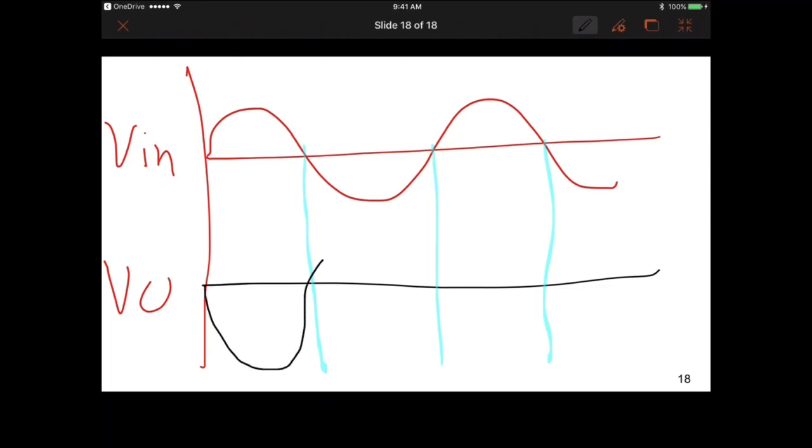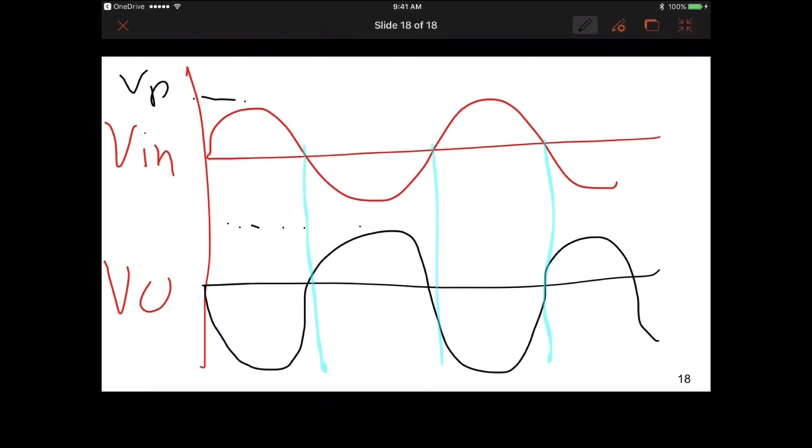You could convert this to the peak voltage, and you can convert this to the peak voltage from the RMS. But you can see the input and output are out of phase, and the output is 130 times larger than the input.